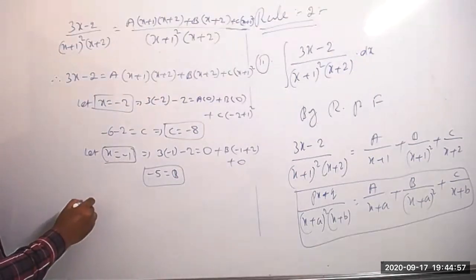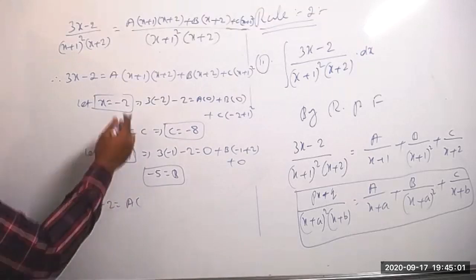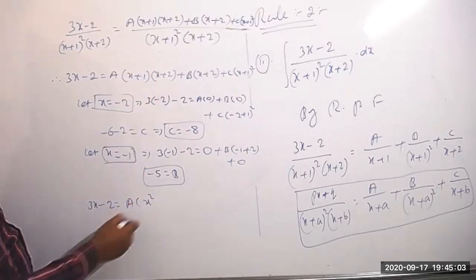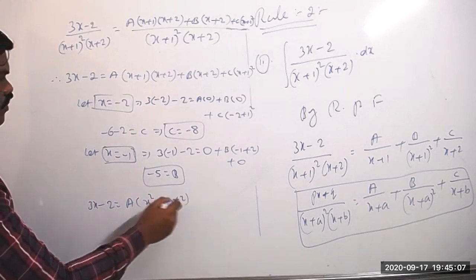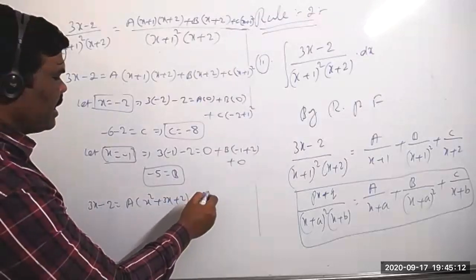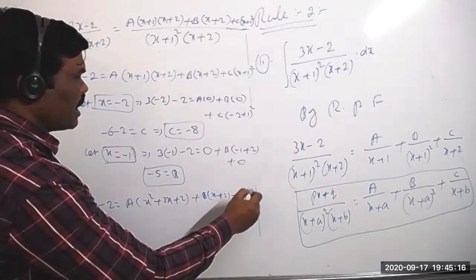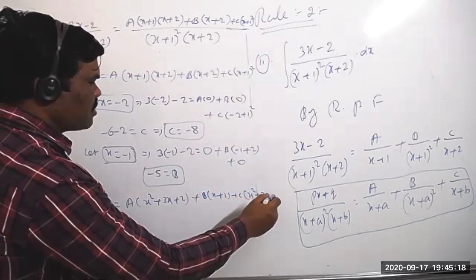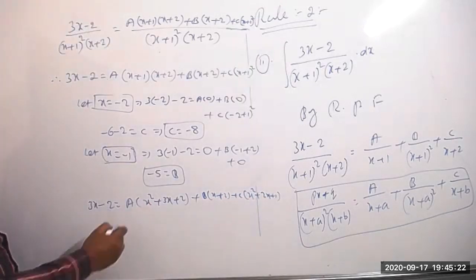So that's why I'm taking 3x minus 2 equal to a into x square plus 3x plus 2, plus b into x plus 2, this is a linear function anyhow, plus c into x square plus 2x plus 1. So on both sides you can take only the x square term.